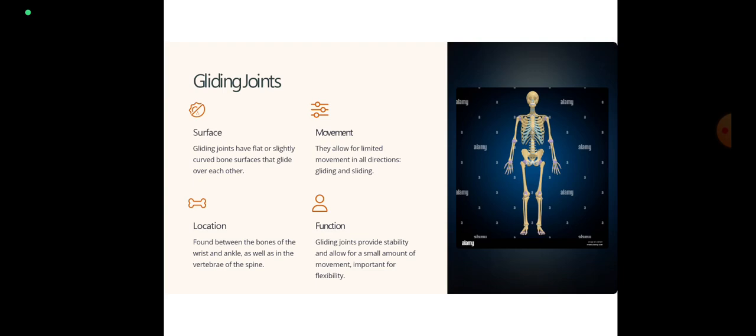This is the classification based on structure. Synarthrosis, amphiarthrosis, and diarthrosis is the classification of joints on the basis of function.